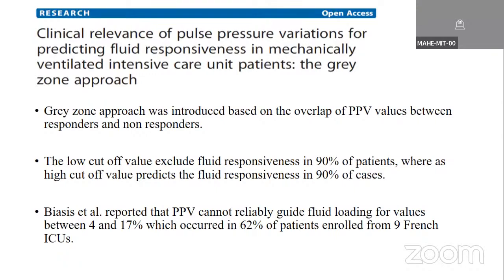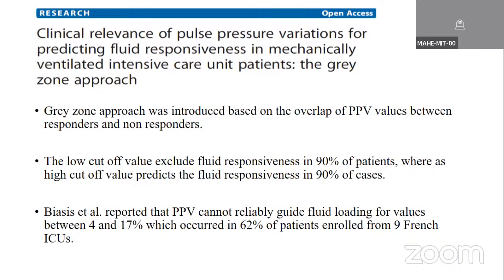That is the intermediate value, which I told you, other than the extreme values, the intermediate value is a gray zone value. The low cutoff value excludes fluid responsiveness in 90% of the patients, whereas the high cutoff value predicts fluid responsiveness in 90% of the patients.